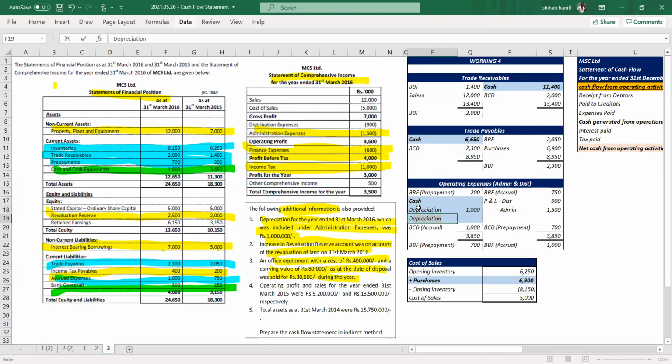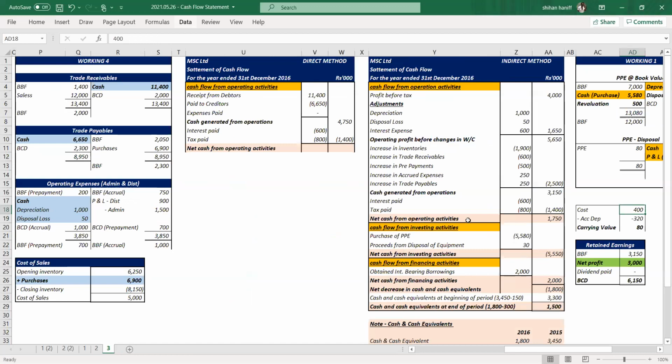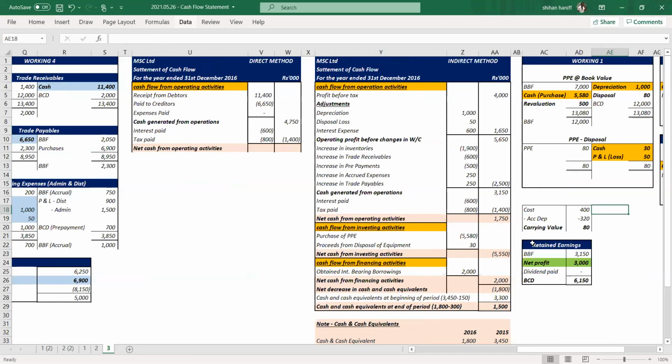There was a disposal loss of 50. Here we calculated the disposal loss. That is also in the expenses. Right. So that has to be deducted here.